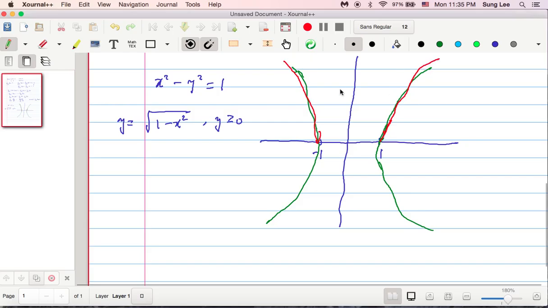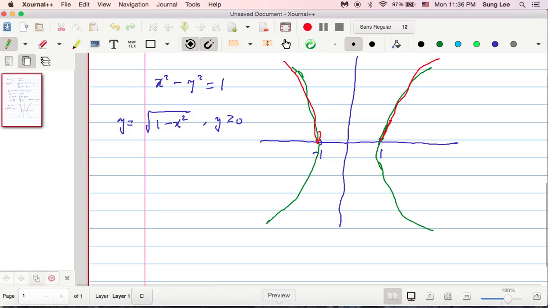So the line in red, that's the graph of it. And as we also see, the domain is negative infinity to negative 1, and 1 to infinity. So that's where this is defined.